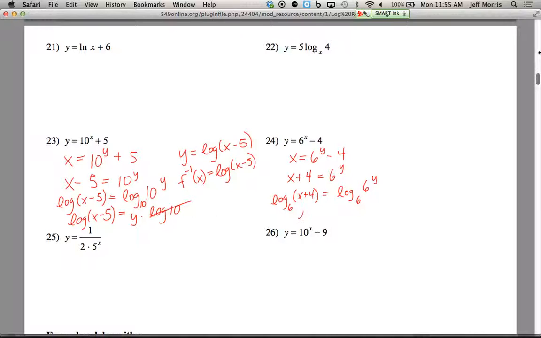So we're going to have log base 6 of x plus 4 is equal to y times log base 6 of 6. And you guys said log base 6 of 6 is going to cancel. It's just going to make what? 1. Okay? So y is equal to log base 6 of x plus 4. You getting this, Patrick? Yeah, you can't really divide it by 1.